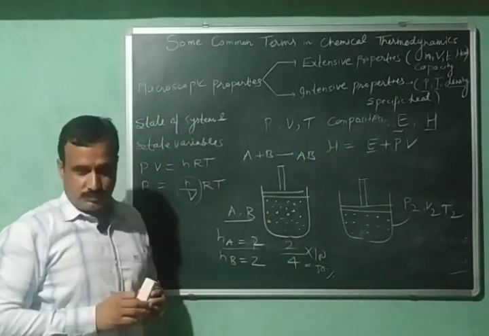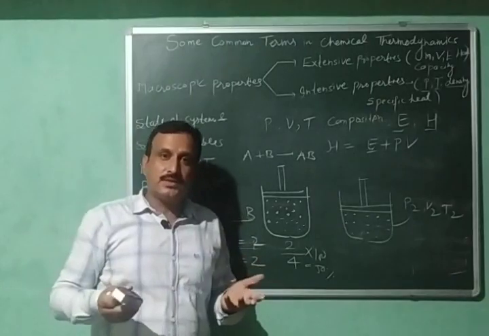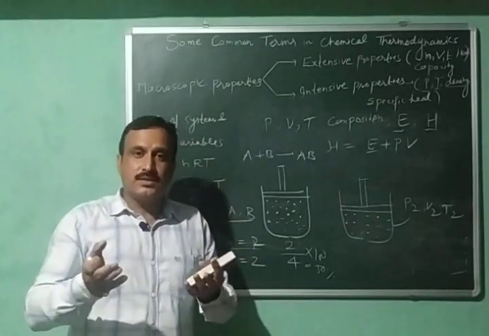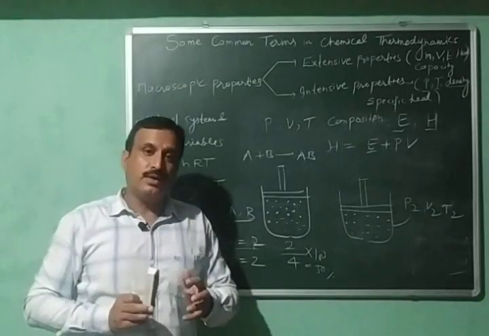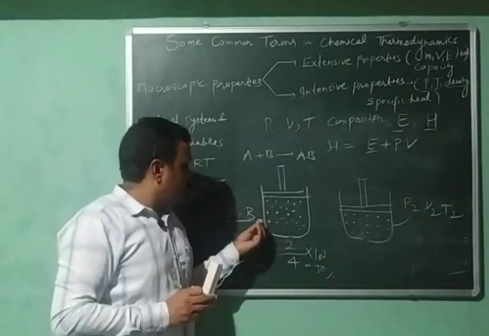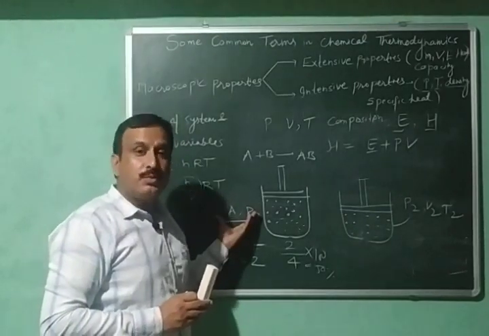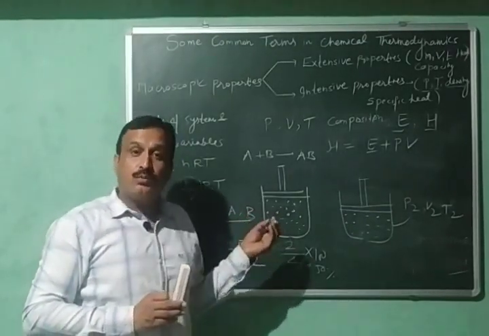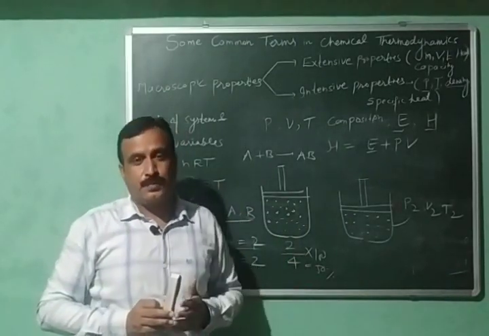AB. Then what will happen? Then the composition will change and a new gas, AB, will be there. In this way, when these two components react, the composition will change, and the composition will be a variable because it is getting changed.